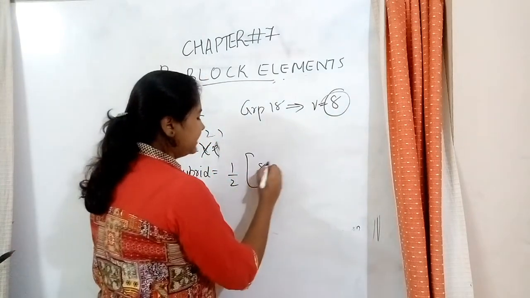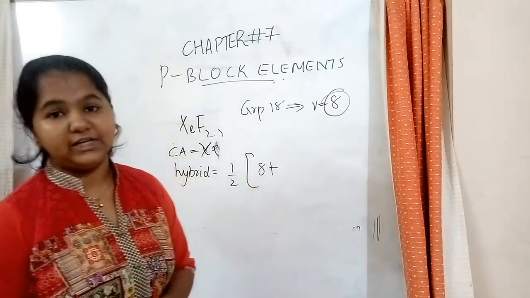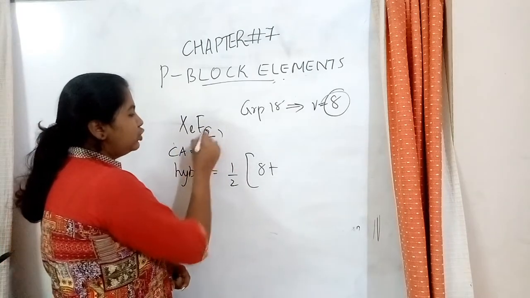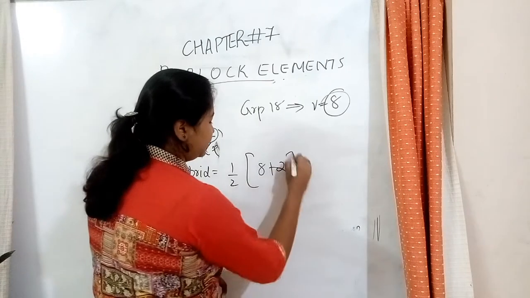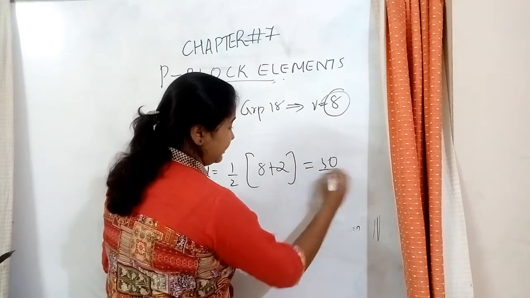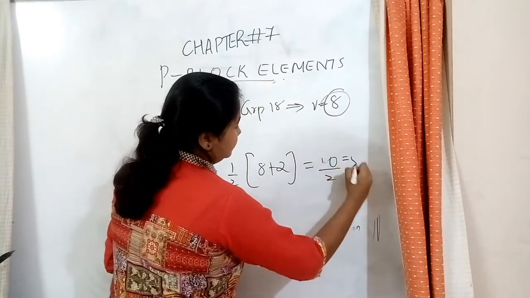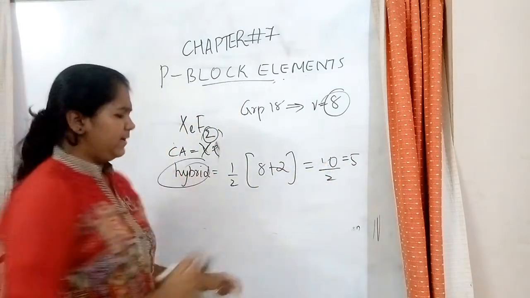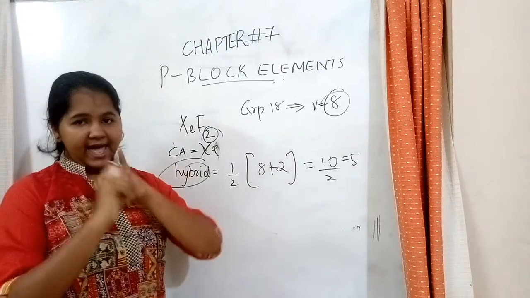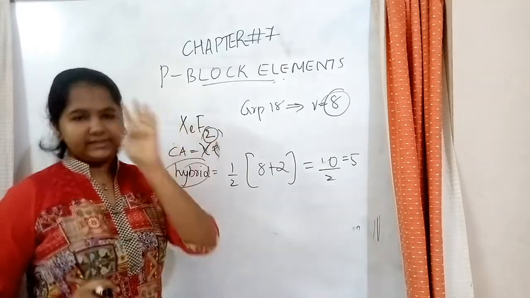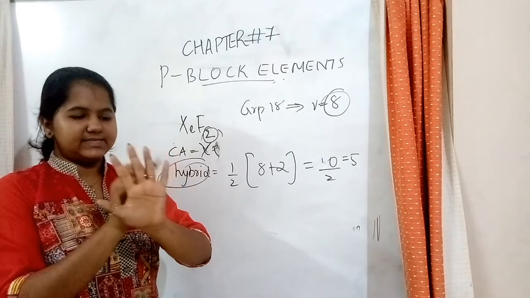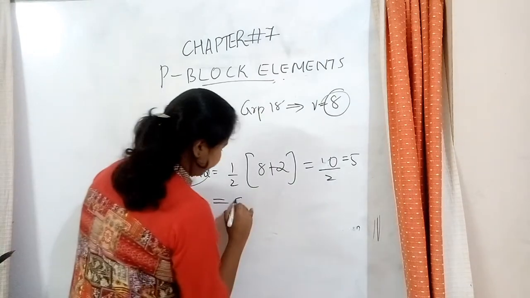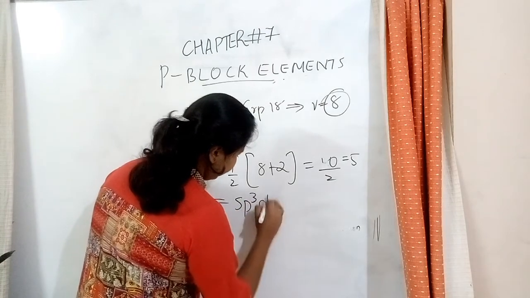So we'll write 8 plus the number of monovalent atoms. There are 2 monovalent atoms, so we put 2, and this is 10 by 2, that's equal to 5. So this is the hybrid state, sp3d. This is s, this is p3, there are 3 p and d. So our hybrid state is sp3d.